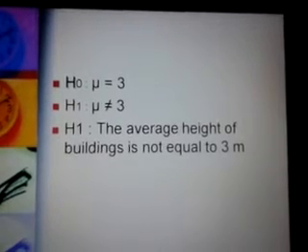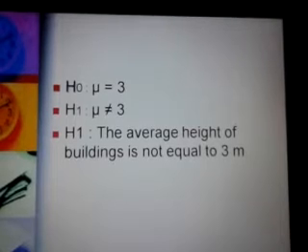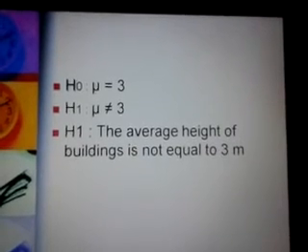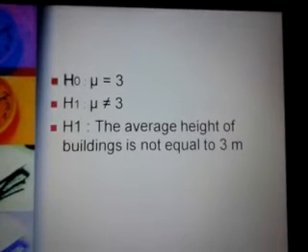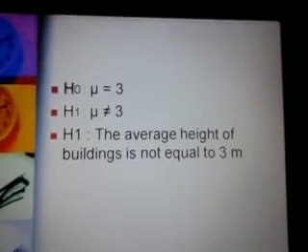Then what would happen? Should we assume that our null hypothesis is supported, or should we assume that the null hypothesis is not supported? It is 3 according to our assumption, and according to our calculation it is 3.1.